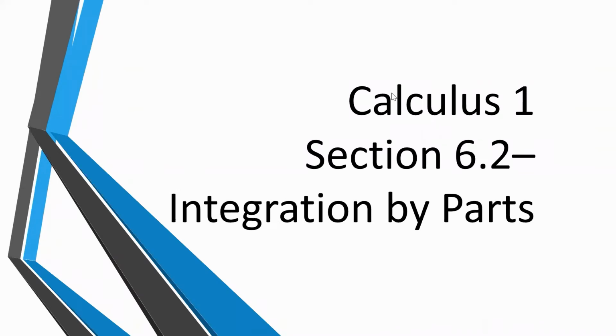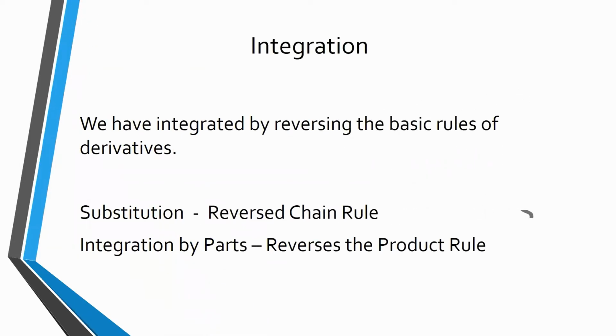In section 6.2, we're going to look at another integration technique called integration by parts. Again, we have integrated by reversing the basic rules of derivatives. That's what we did earlier when we found antiderivatives.